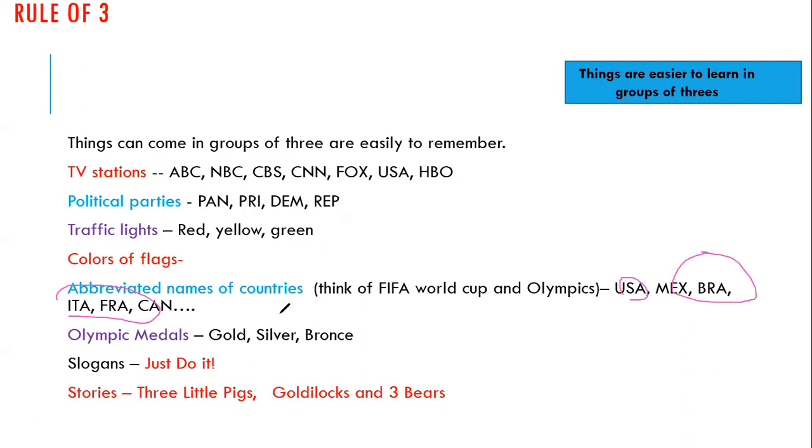In addition to the rule of 3, which means things are easy to remember in 3s, there is gold, silver, and bronze.